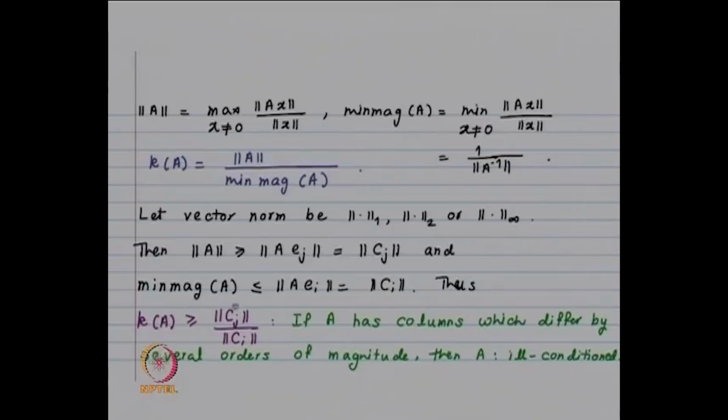When you consider the minimum magnification of A, that is the minimum of norm Ax by norm x, x not equal to 0, this minimum magnification of A will be less than or equal to norm A e_i, which is equal to norm C_i. So, thus the condition number of A is bigger than or equal to norm C_j by norm C_i. j and i can be any numbers; they denote the jth column and ith column.